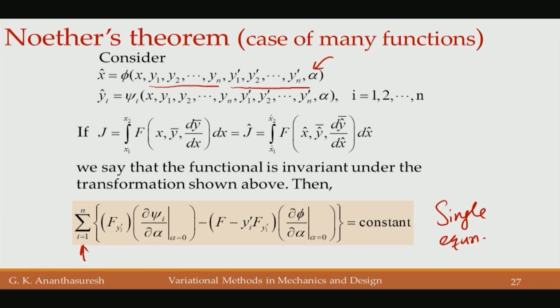That is just an extension of this theorem for multiple functions. Again, you see this has to be done at alpha equal to 0, both psi and phi, where psi and phi are defined like that for each of these functions 1, 2, 3 up to n. Again we should see that J should be equal to J hat, that is the functional should be invariant under the transformation.